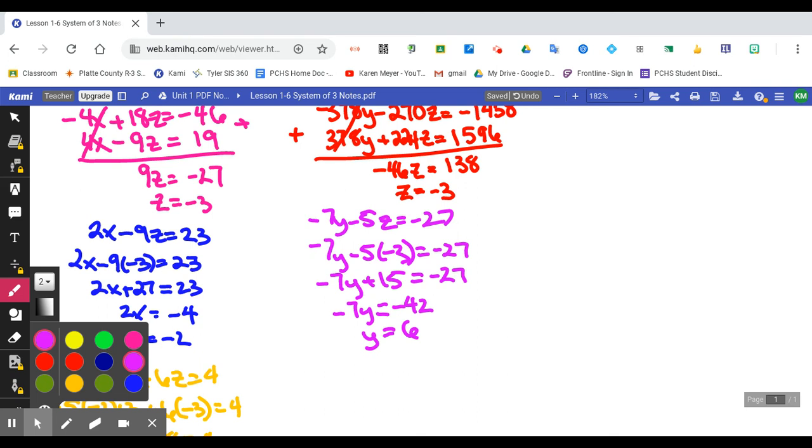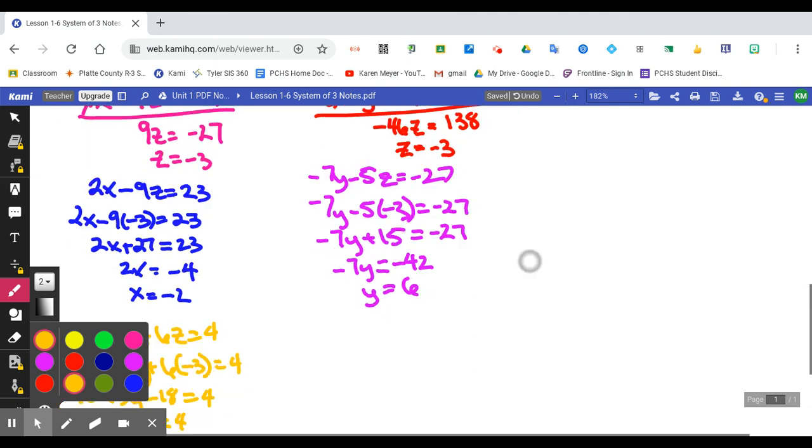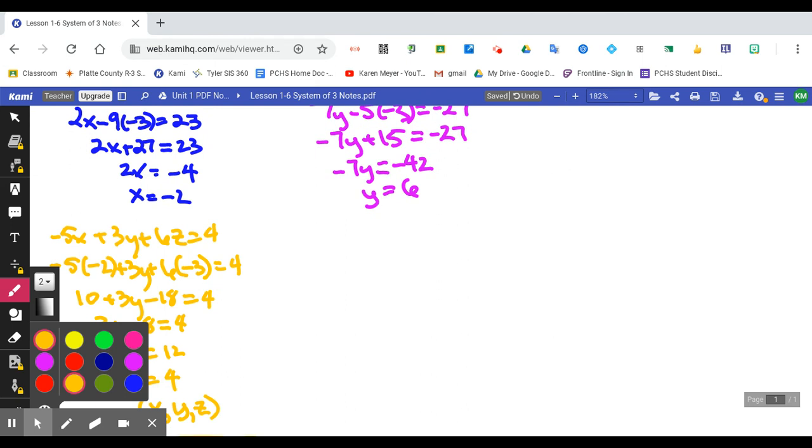So now, to find your last lovely answer, you must go back to one of the original three equations that has three variables, and I'm going to choose the top one. So 2x plus y minus z equals 5. So now plug in our two answers. So 2x plus 6 minus a negative 3 equals 5.